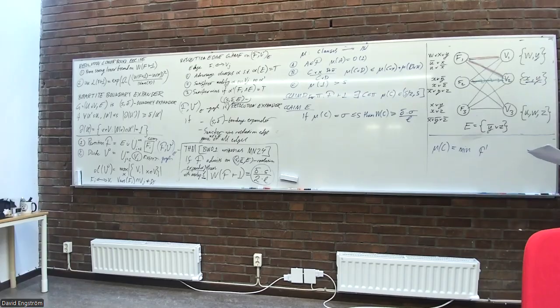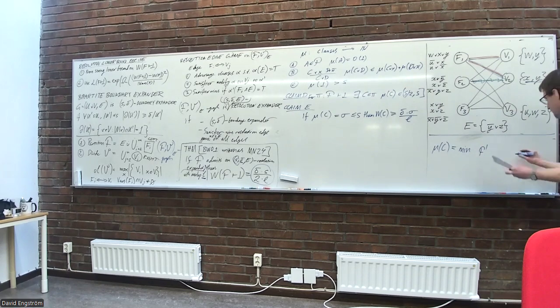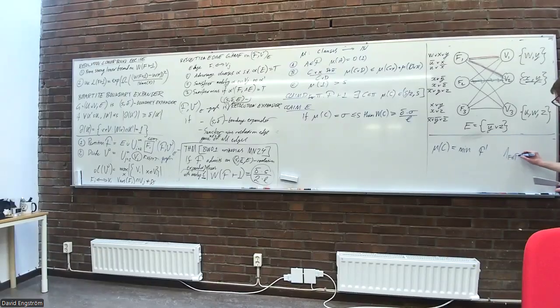This is a subset of F. This is a subset of vertices such that if I take all the sets of clauses in F prime, and I also throw in the filtering set E, then this implies C. What does this implication symbol mean? It means that any truth value assignment that satisfies this has to satisfy this.